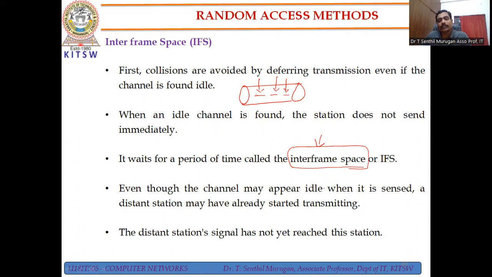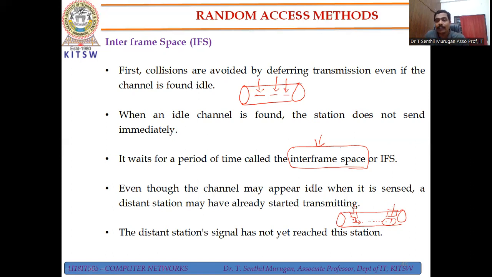So interframe space is there, no? I already told. This is the medium, here is the first station, and this is the last station. The last station will check and transmit the data, but it is not receiving the first bit of the particular frame. So what will it do? It will think the channel is free, it's idle. But in this case, the station should wait.